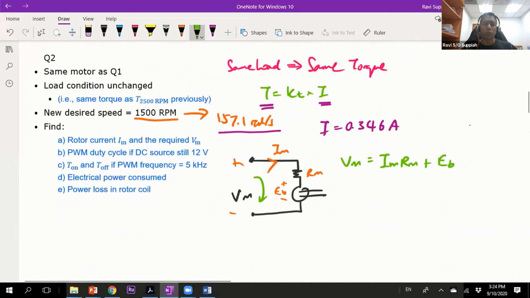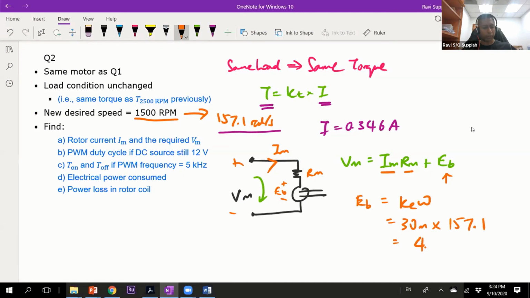Now with this, I know my Im and I know Rm, so I need to find EB. EB we know is Ke omega. Ke we know from the earlier question, so 30 milli multiplied by the omega 157.1, I will get 4.71 volt.